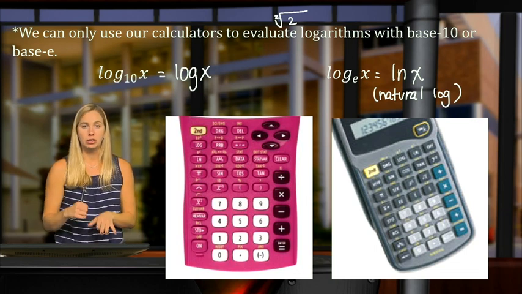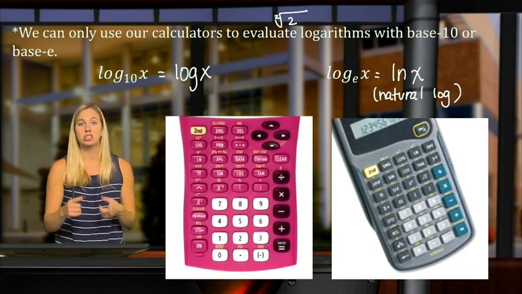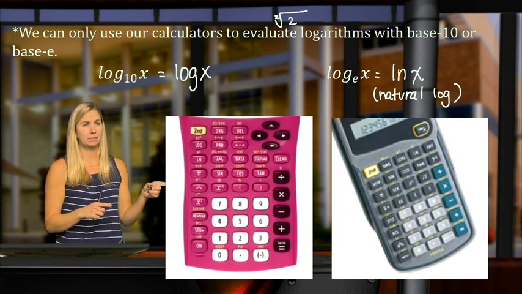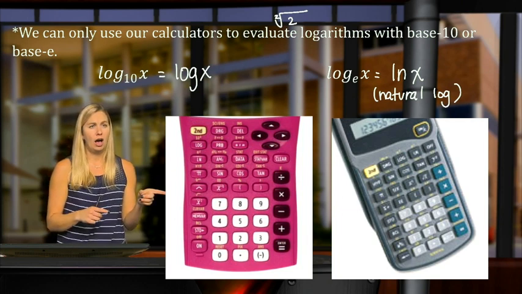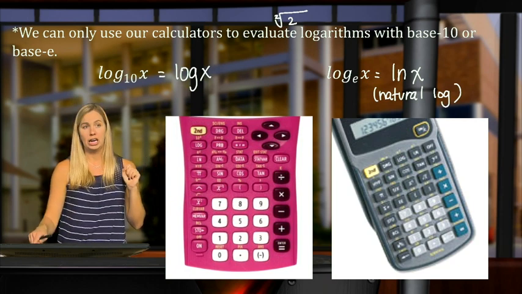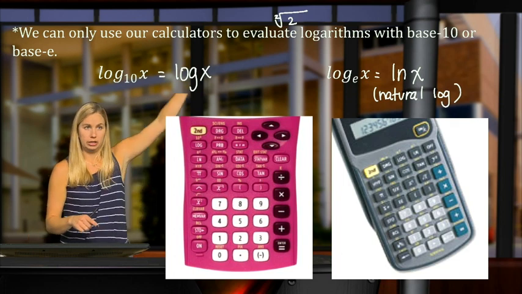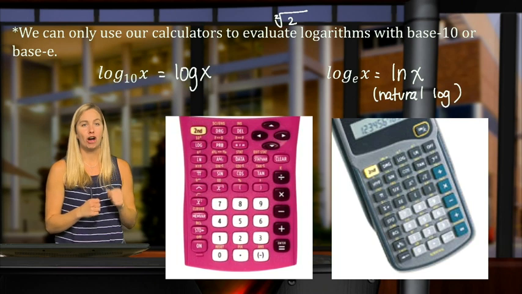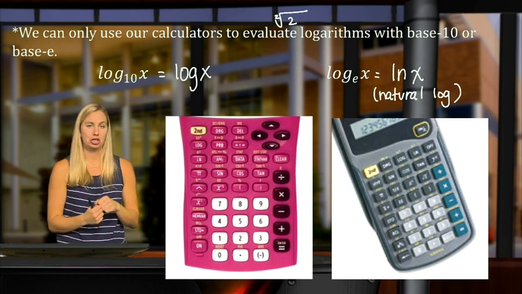So get your calculator out, and find the two buttons that say log and ln. If you're looking at this pink one, ln and log are right below the second key. On the one on the right, they're right next to the off button.